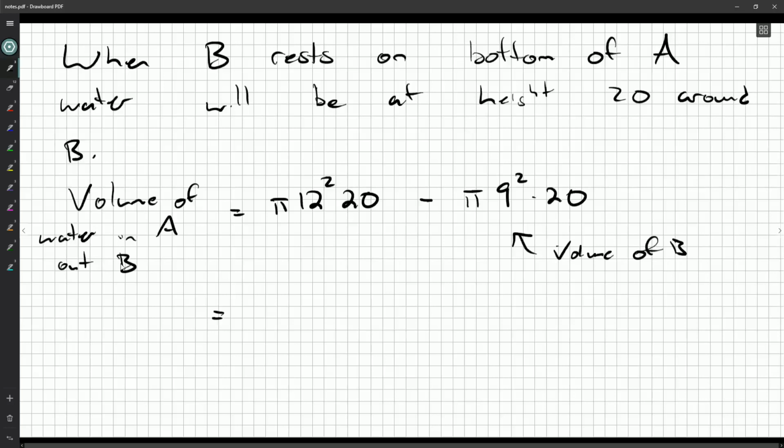So this is just going to be 12 squared minus 9 squared, so that's 144 minus 81. So that's 63, so pi times 63 times 20, so that'll be 1260 pi.